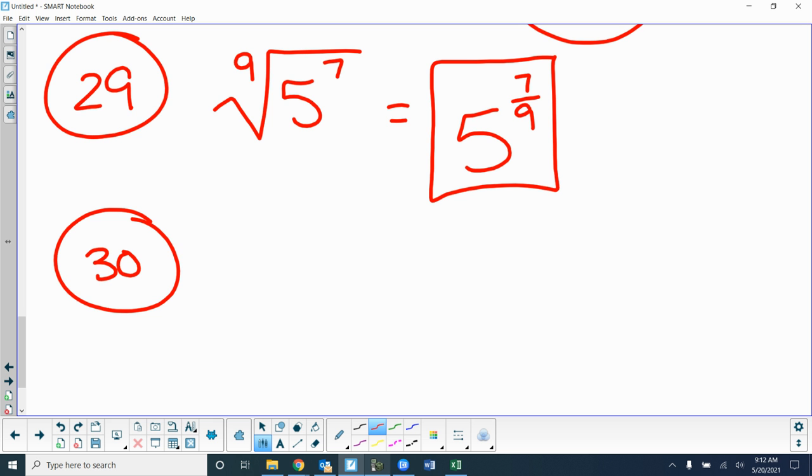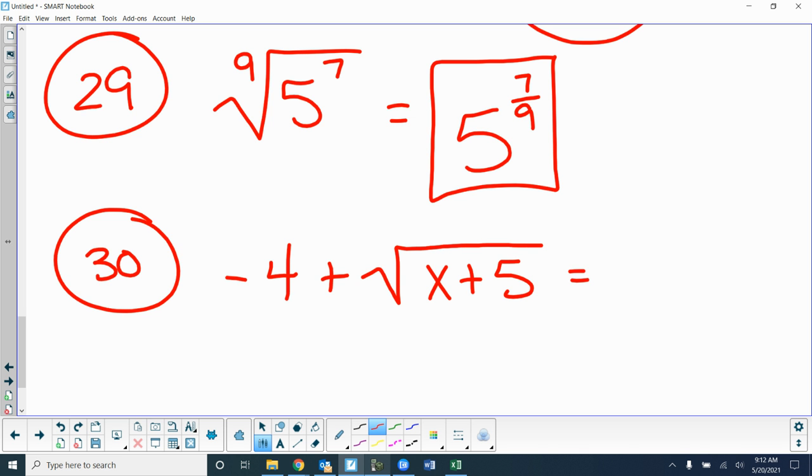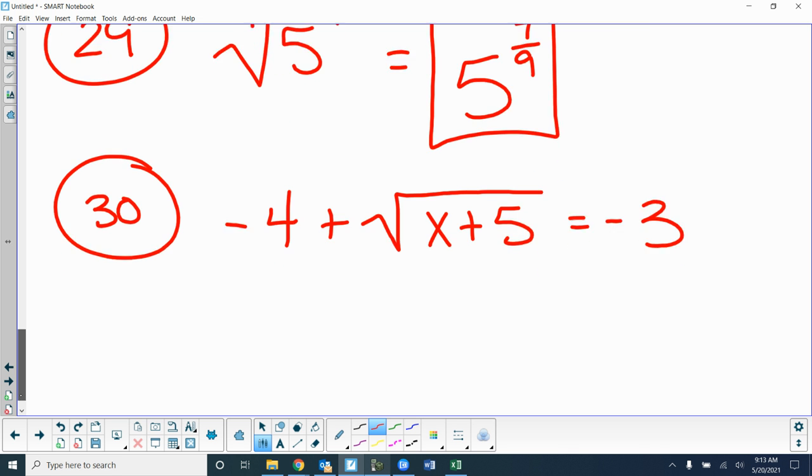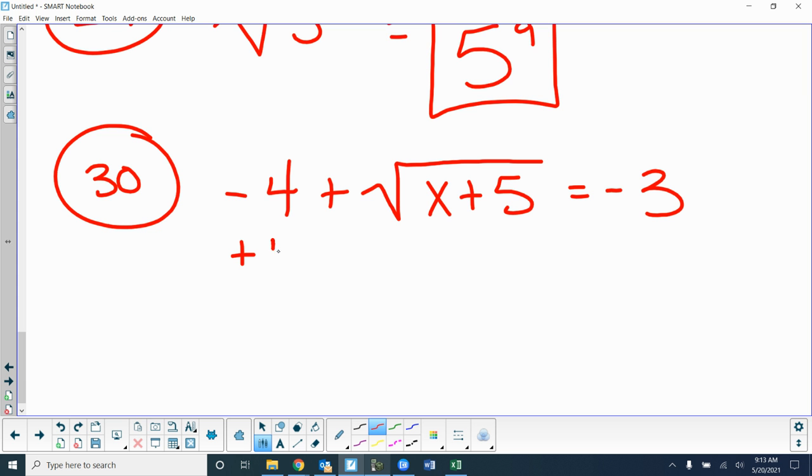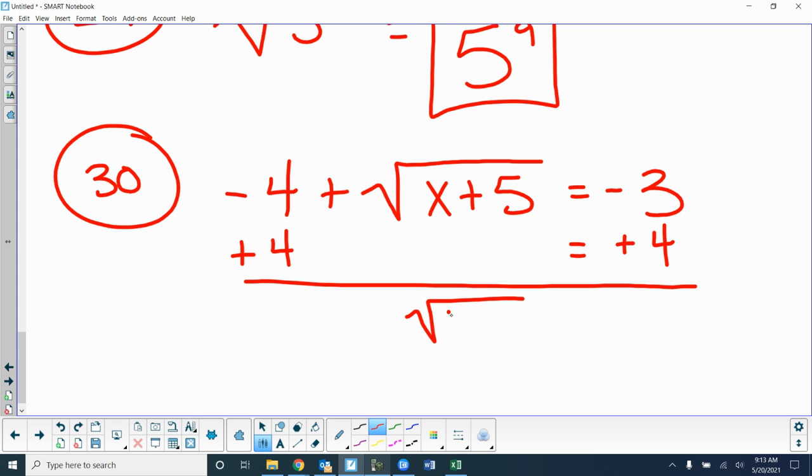All right, number 30, we're solving this. We have a square root. When you're solving an equation with a square root in it, you got to get the square root part alone. So what do I do first, Kennedy? Add the 4. Good. Add the 4. That way we have the square root part alone.